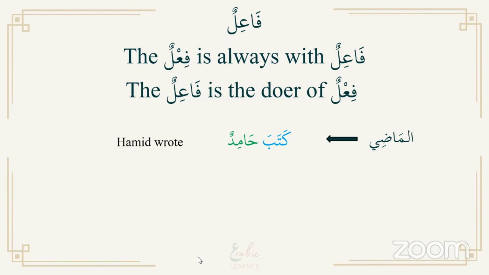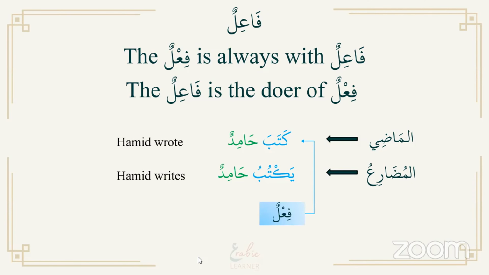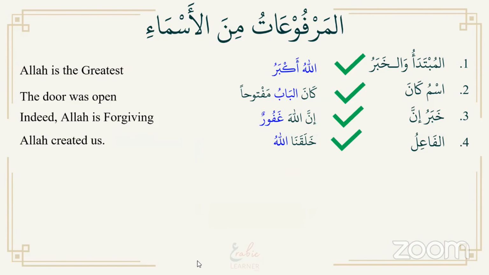In the mudari form, how will I say? Yaktubu Hamidun. Hamid writes. Yaktubu is the fi'l and the fail is Hamidun in both cases, and it is marfu. So the fail is also from marfuat.